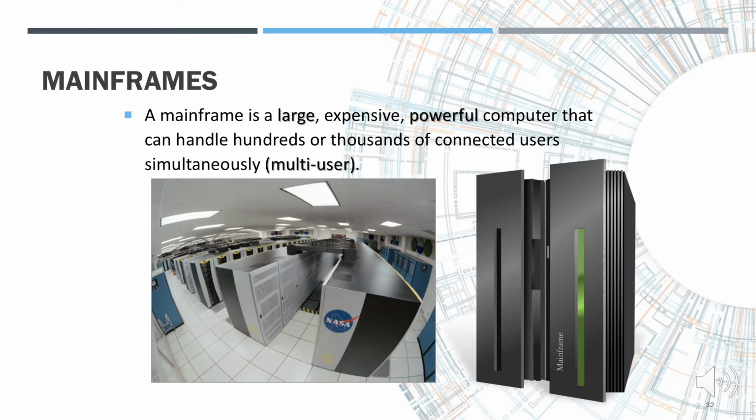One example of a computer type is the mainframe. A mainframe is a very large and also powerful machine. It is the second most powerful after the supercomputer. This kind of computer has the capability to process more than 1,000 users at one time, which is multi-user.